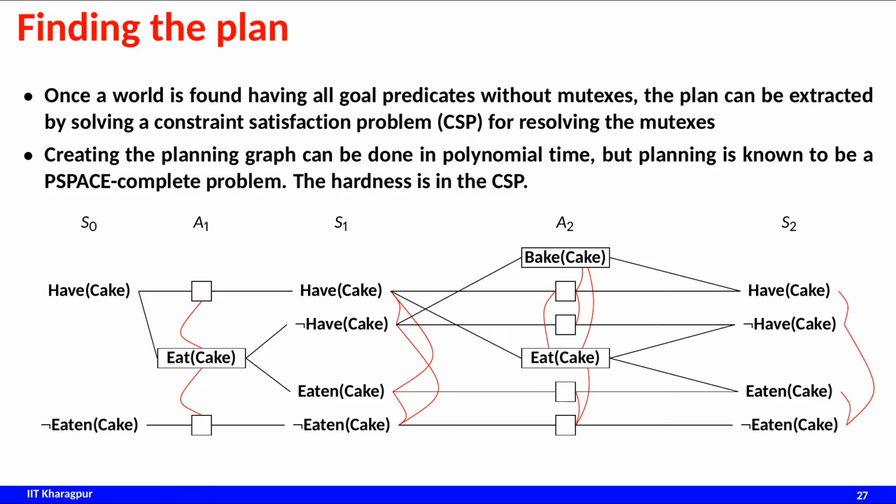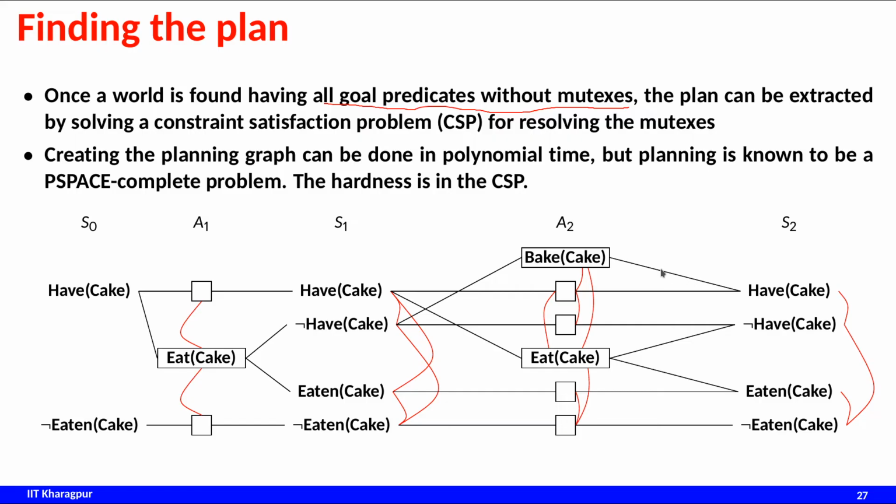Now let us look into how we can generate the actual plan, which is one of the major objectives. Once we find all goal predicates without mutex, which are true at S2, the plan can be extracted by solving a constraint satisfaction problem.